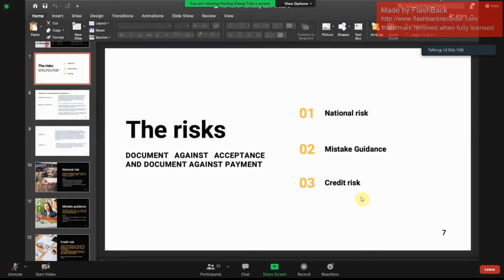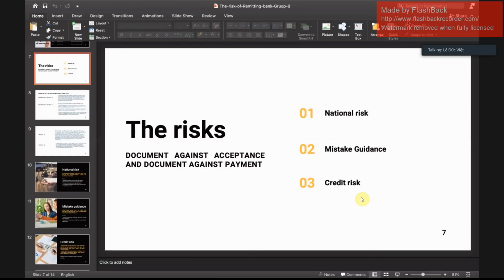Okay, can you repeat the question of Miss Nhung, please? Miss Nhung asks whether there is exchange rate risk for the remitting bank.